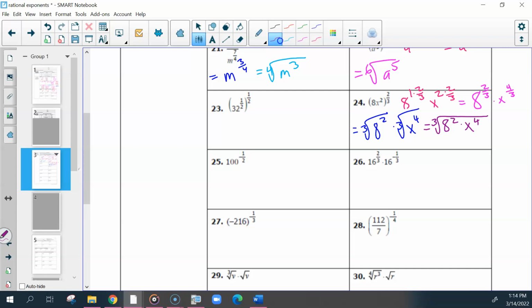And then I'm going to go ahead and do a couple things. By itself, 8 squared cannot be simplified or taken out or anything like that with the index of 3. By itself, x to the 4th can. So I'm going to do one of two things at the same time. We're going to go ahead and make 8 squared 64.